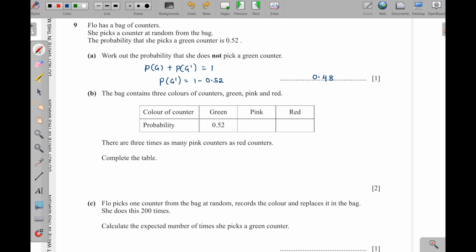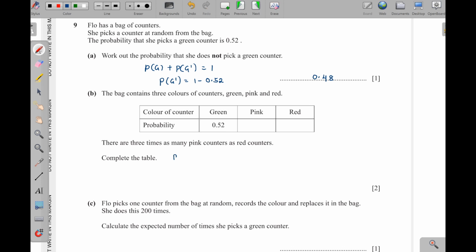Then part B, the bag contains 3 colors of counters, green, pink, and red. We are given the probabilities in here. They are saying there are 3 times as many pink counters as red counters, okay? What does this one mean?